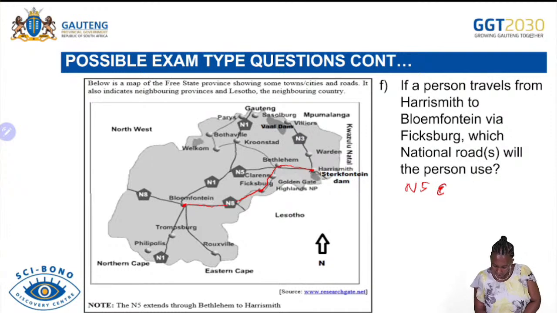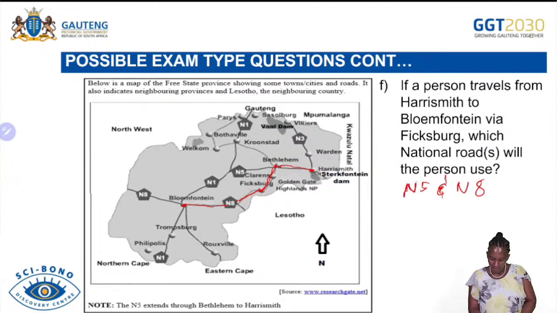So they can use N5, and then from N5 to Bethlehem, and then from Bethlehem they use N5 and N8 to reach their destination, where is Bloemfontein. They have to use this route. So it is N5. From N5 they join the N8.